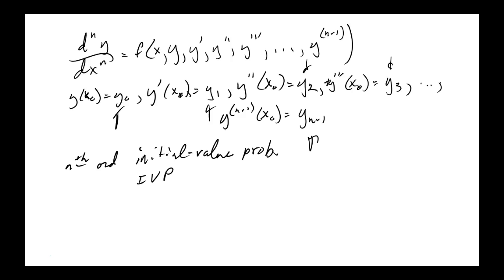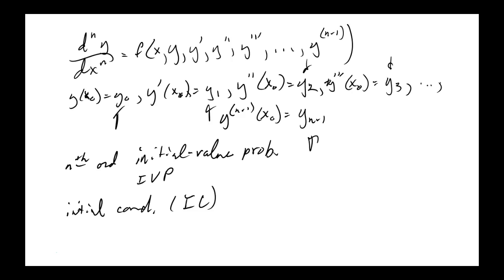The values are called the initial conditions. These values here, y0, y1, and all those, are called your initial conditions, sometimes ICs.